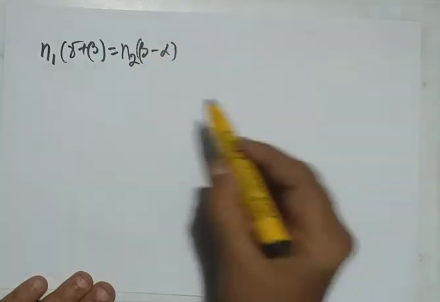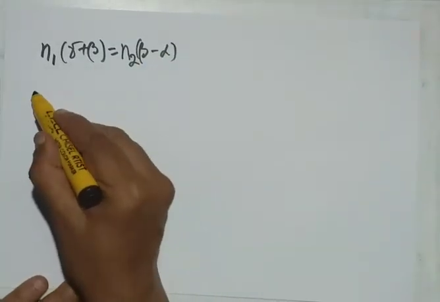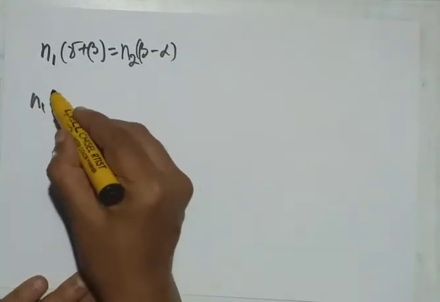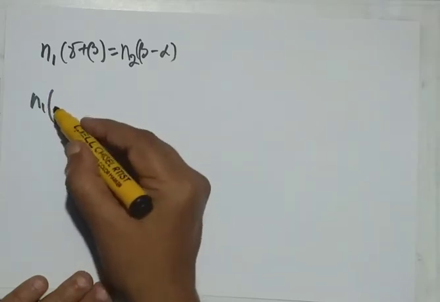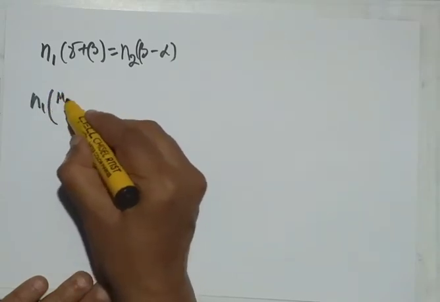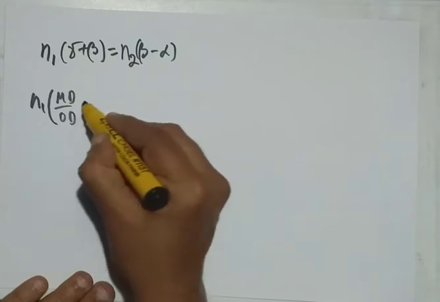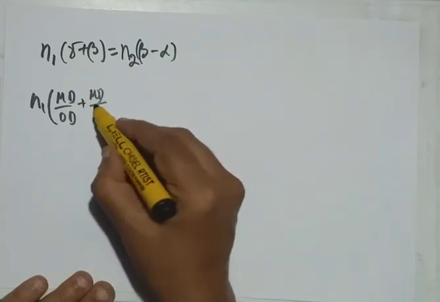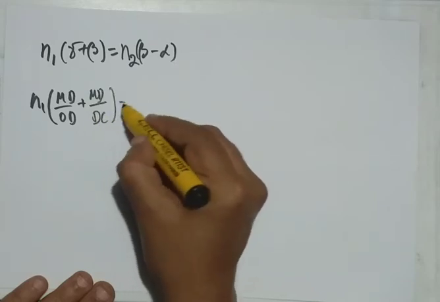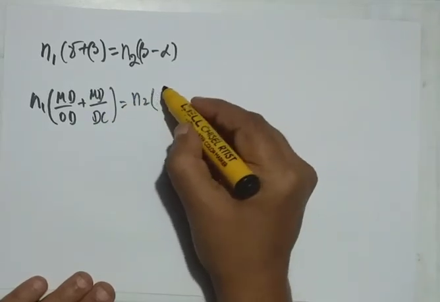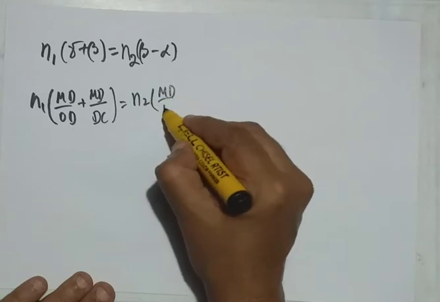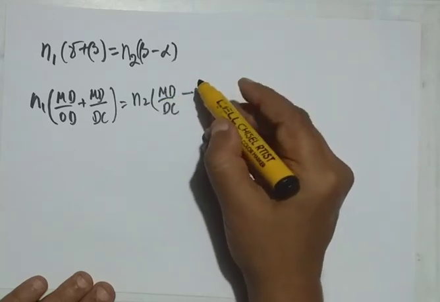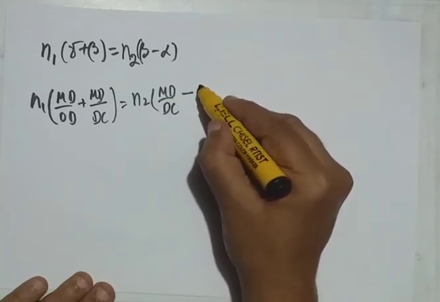We substitute everything for gamma, beta and alpha. We write N1 into gamma is MD by OD plus beta MD by DC, equal to N2 into beta MD by DC minus alpha MD by DI.